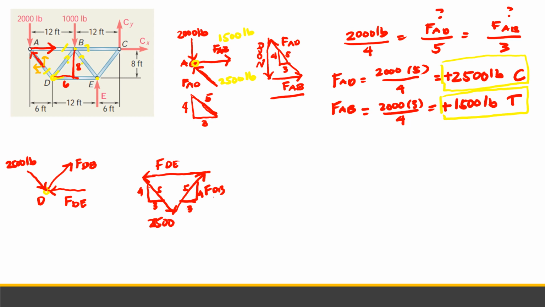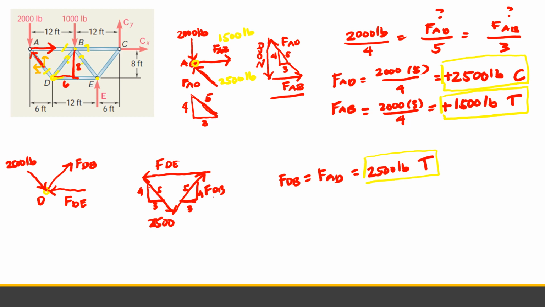So we can say that force DB is equal to force AD, but opposite in sense. They have the same slope and the same magnitude, but opposite sense. So that is 2,500 pounds, which is in tension. So tama na, tension yung DB natin.